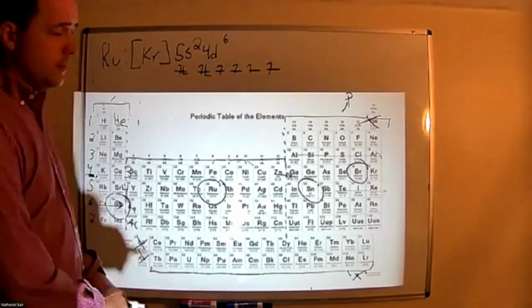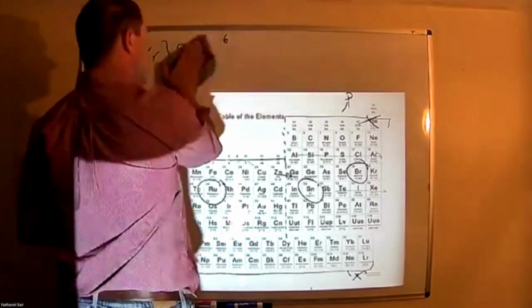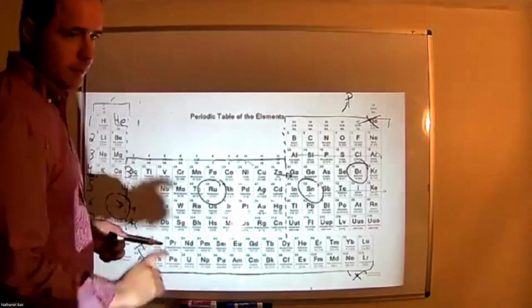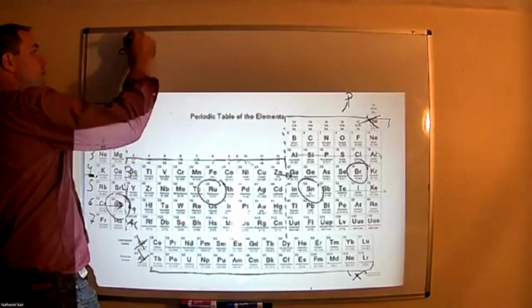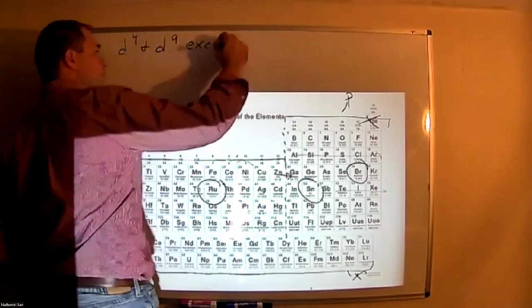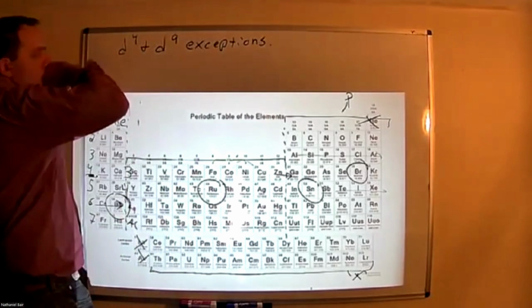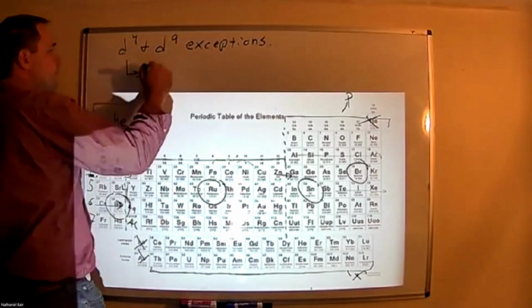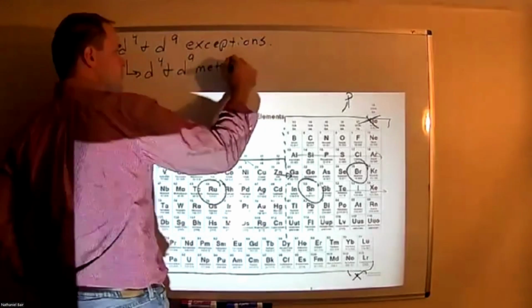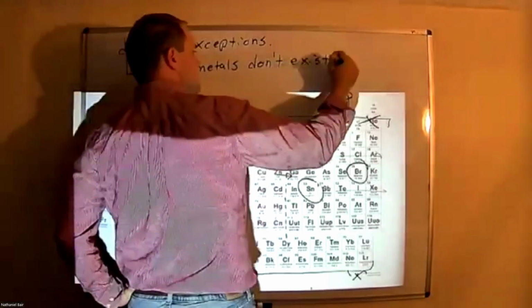That's what that means. All right, let's do the D4 and D9 exceptions. The D4 and D9 exceptions. Oh boy. D4 and D9 metals don't exist.